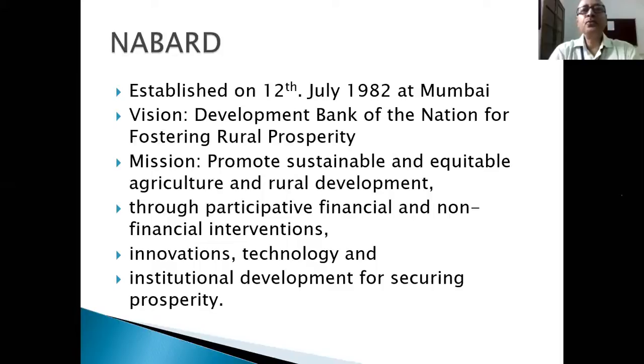Even through regular monitoring, through regular plans, development action plans, or many other institutional plans, attempts are made to make these institutions vibrant and viable, so that they can play a role in the rural areas, in the rural economy, in the rural financial system, and secure prosperity for the rural masses.